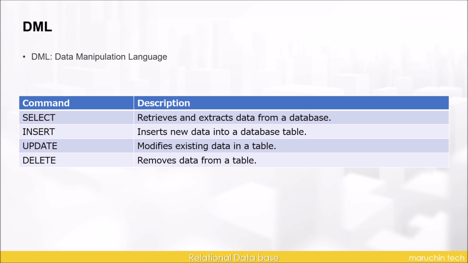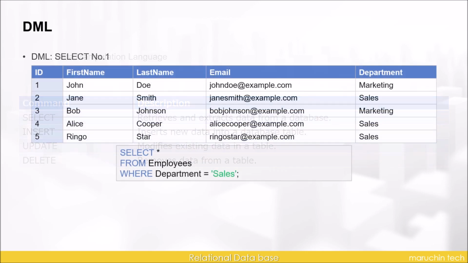Since DML is the language used the most in database operations, I will introduce each of these commands with a specific example on the following pages. First, here is a sample select statement. Select is usually used in conjunction with from and where.